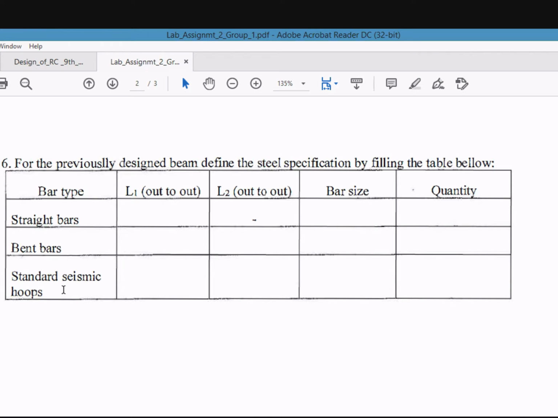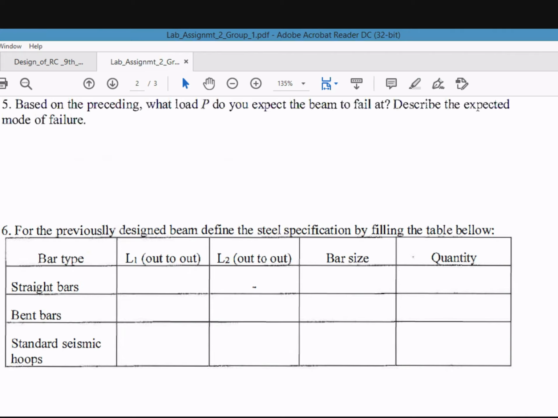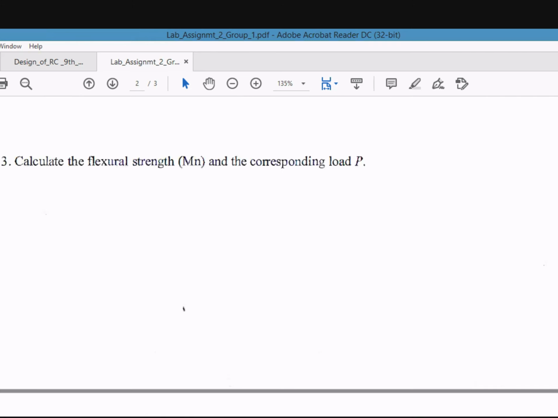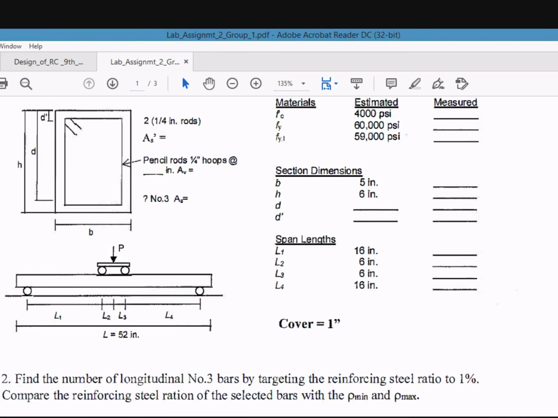We don't call them hoops, we call them stirrups. So we need this one and the bottom one. So let's go and explain that, L1 and L2. There you go.